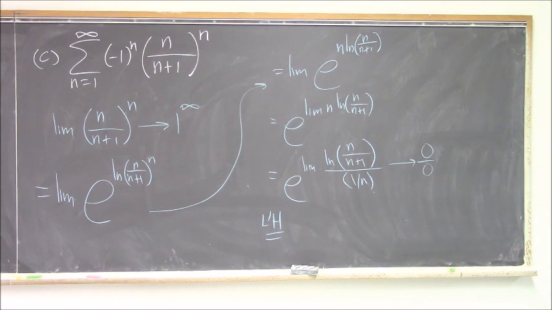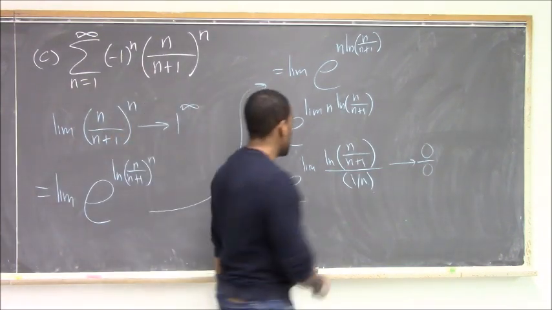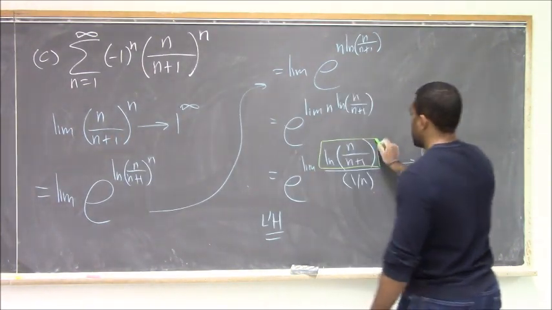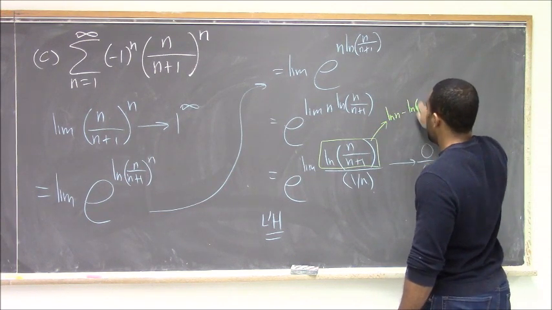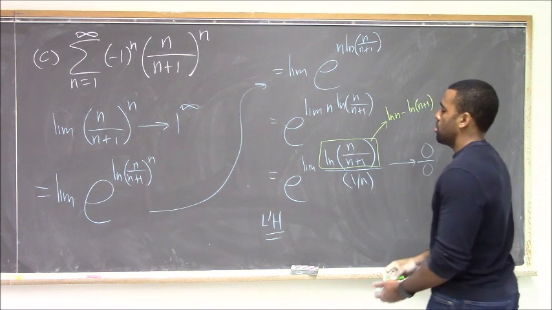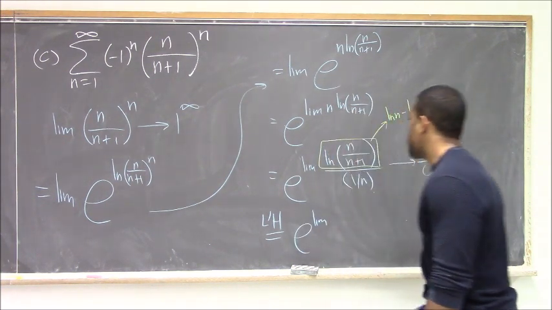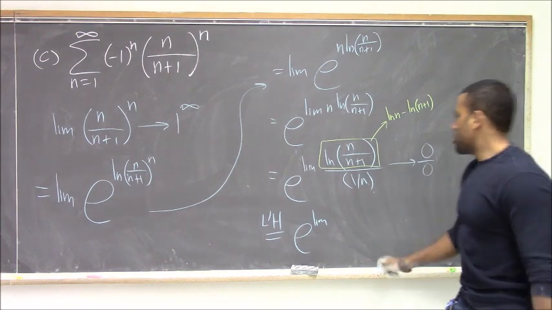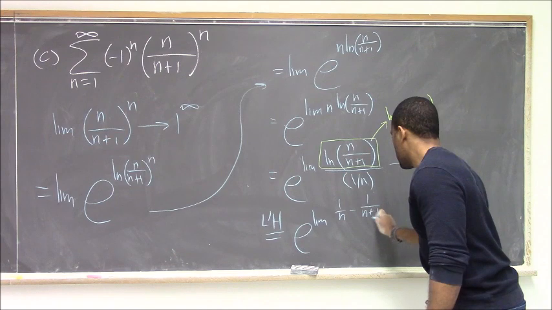So I'm going to find the derivative of the top and the bottom. Just to make my life a little bit easier, I'm going to think of this using the log rules, ln of n minus ln of n plus 1. So in applying L'Hopital's rule, the derivative of that is 1 over n, the derivative of that is 1 over n plus 1.